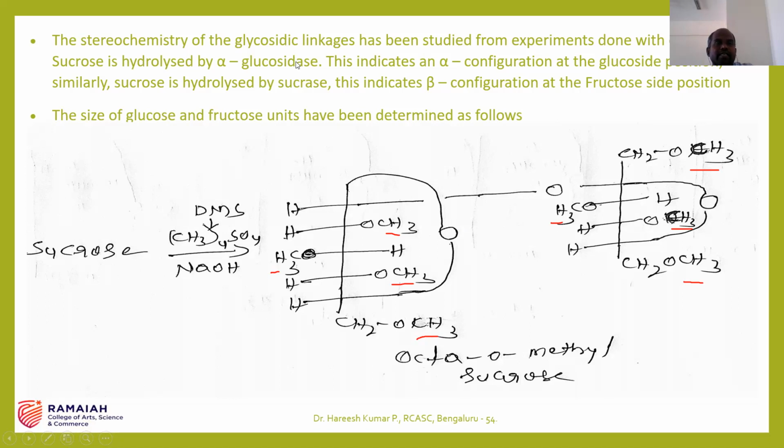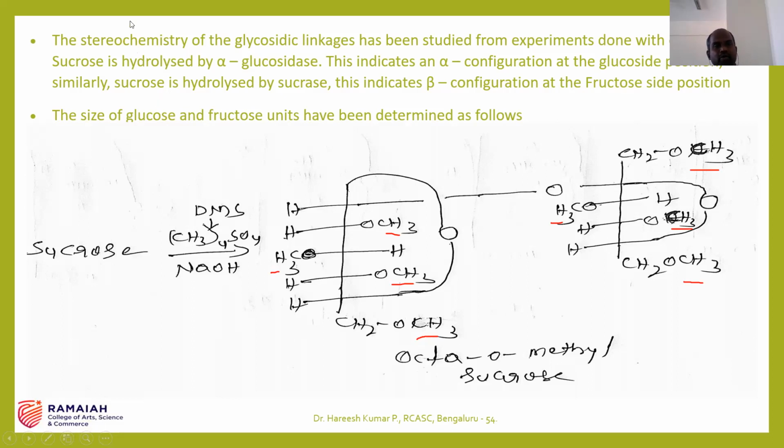It will hydrolyze the sucrose into an alpha-glucopyranose, so the alpha configuration of the glucopyranose. Similarly, sucrose is hydrolyzed by sucrase. This is an enzyme. This indicates the beta configuration at the fructose side of the position.